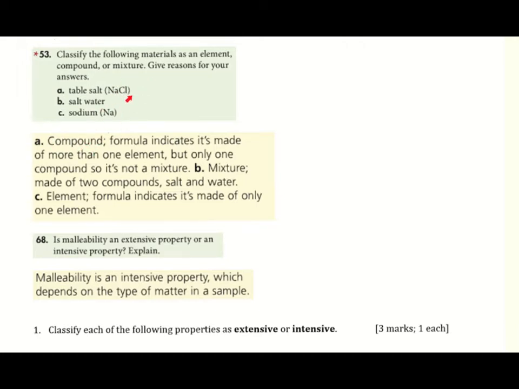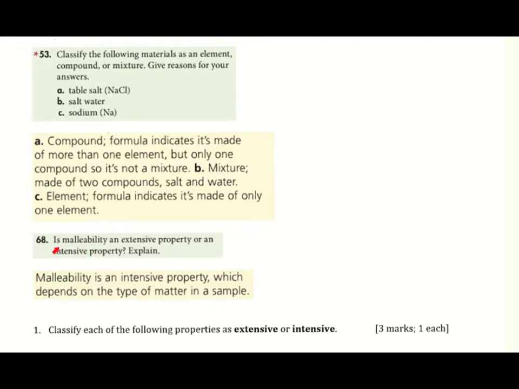If you are given a formula or a complex name, it should be a compound. Salt water should be a mixture because it's made of two compounds, salt and water. Sodium is an element because it's made only of one kind of atom. You know it's an element if it's in the periodic table.